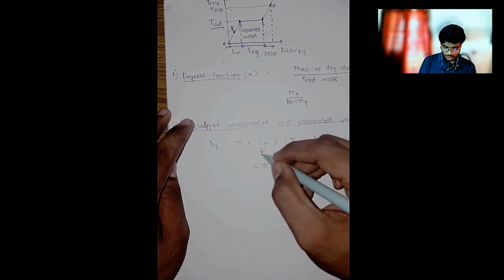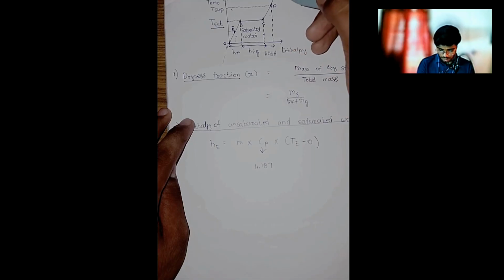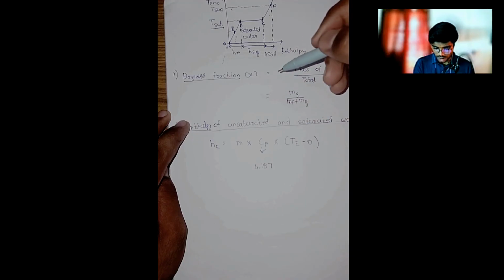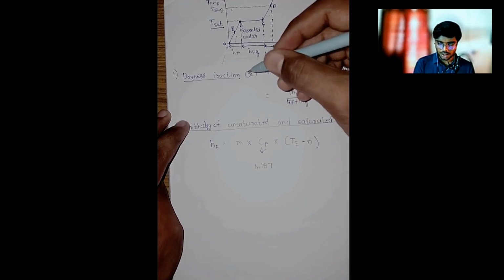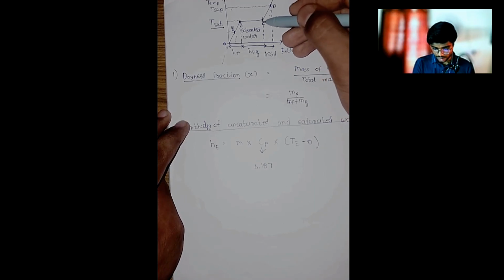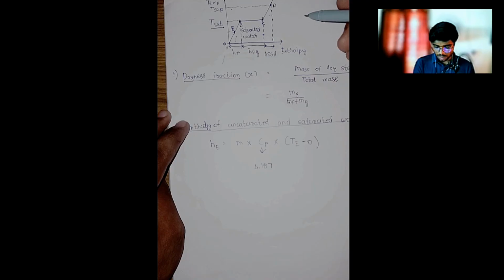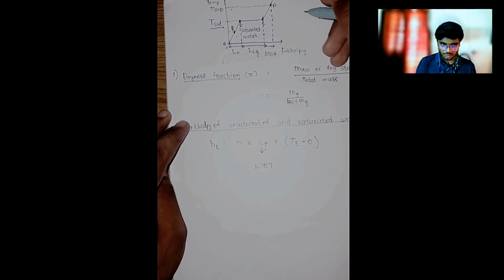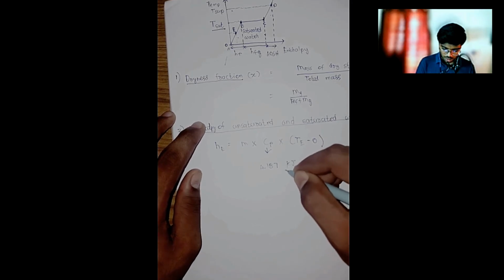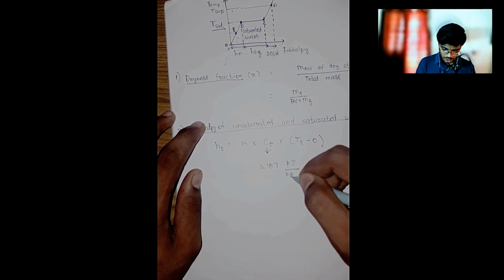This specific heat of water will change after point C, because specific heat means the amount of heat that should be given to the water to raise its temperature by 1 degree. Because it will be completely steam after point C, the specific heat will be a little less. And the unit of specific heat is kilojoules per kg Kelvin.